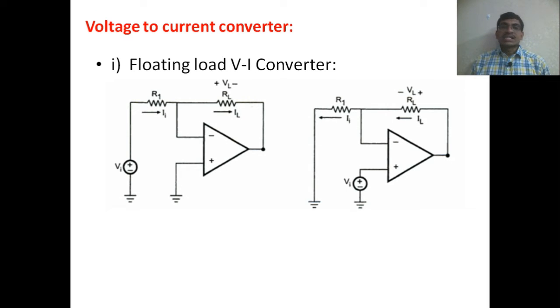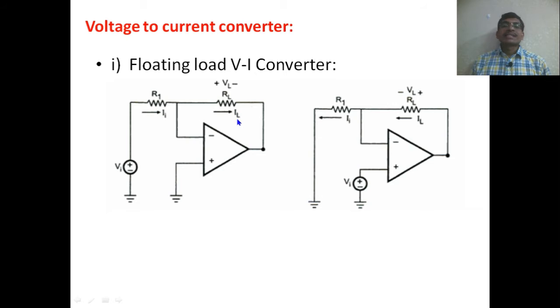So let us see the circuit for voltage to current converter for the floating load. Here RL is the load resistance which is connected in the feedback path. So here the feedback resistor itself acts like a load. This type of load is called as floating load.